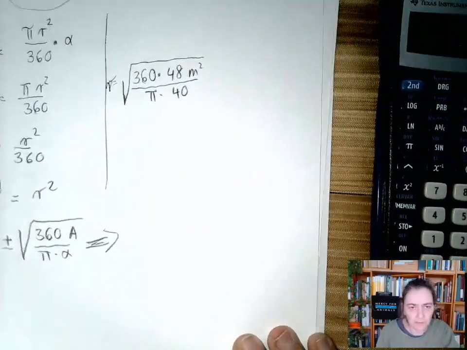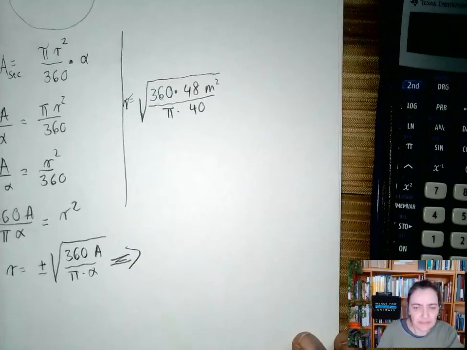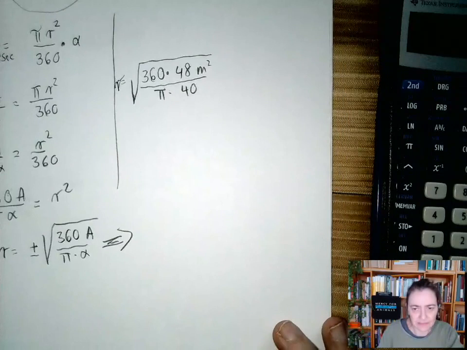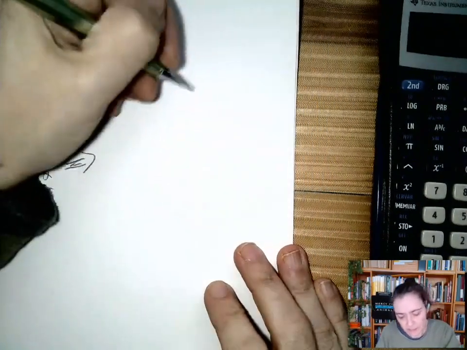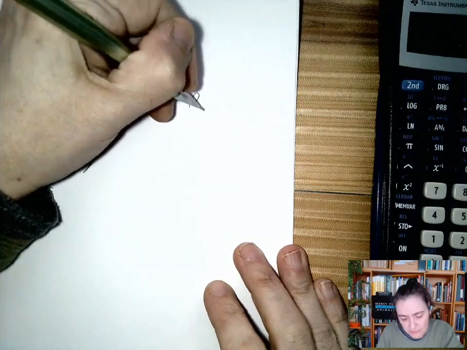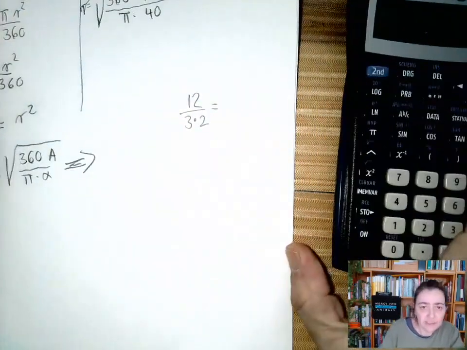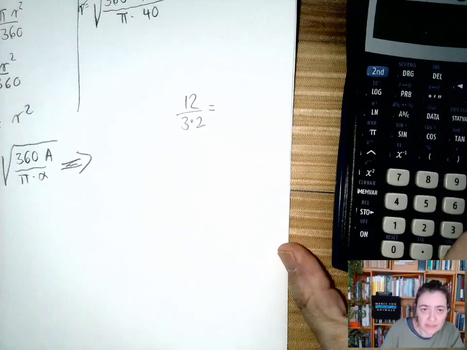So here's the problem. The calculator will not do what you want it to do. The calculator will do exactly what you tell it. Let me give you an example. If you want to do 12 divided by 3 times 2, that should be 2, right? 12 divided by 6 is 2.